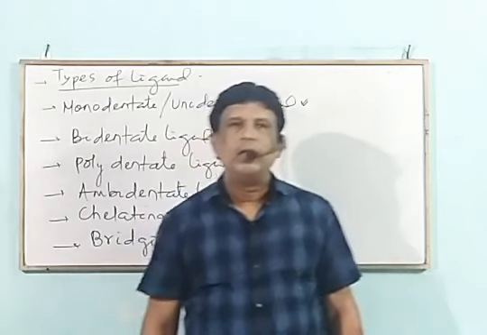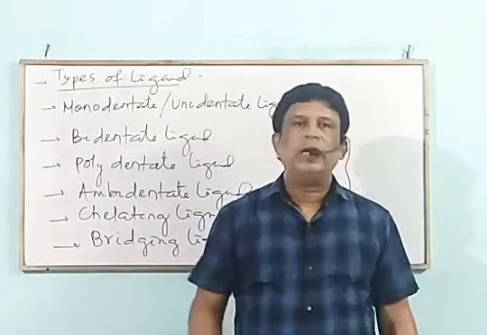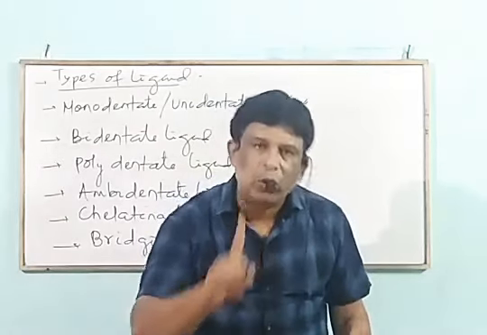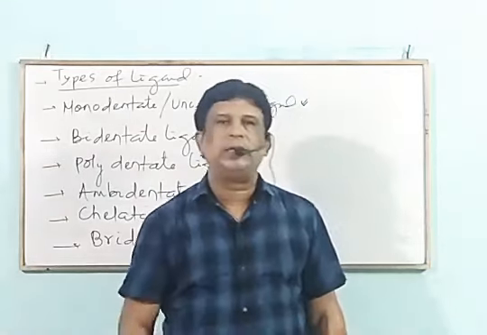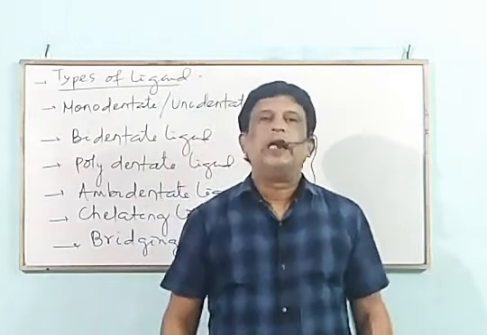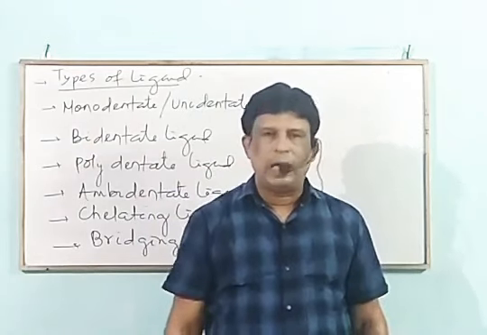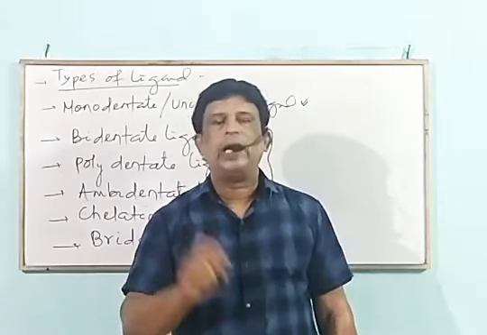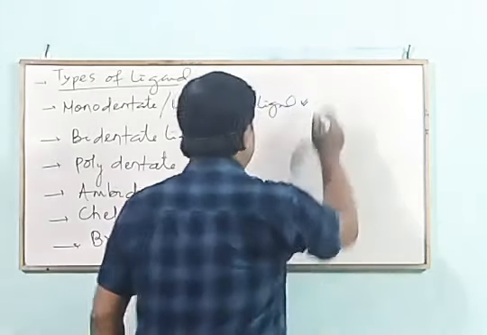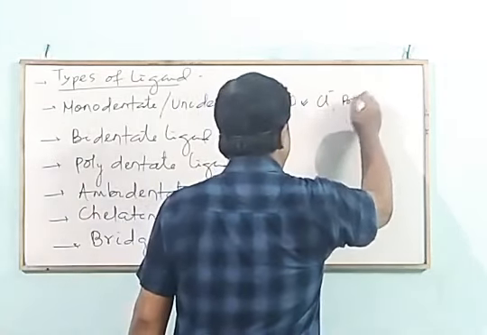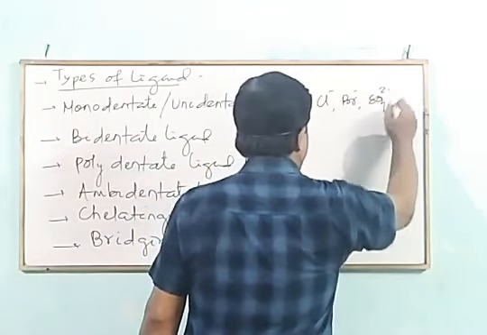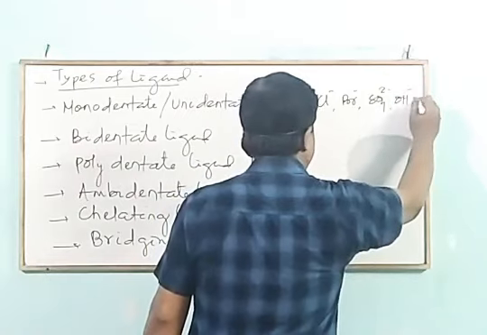I repeat again: the ion or molecule, an electron-rich species, which possesses only one donor site and donates one pair of electrons in the form of a dative bond with the central metal atom, is known as monodentate or unidentate ligand. For example, Cl-, Br-, SO4 2-, OH-, etc.